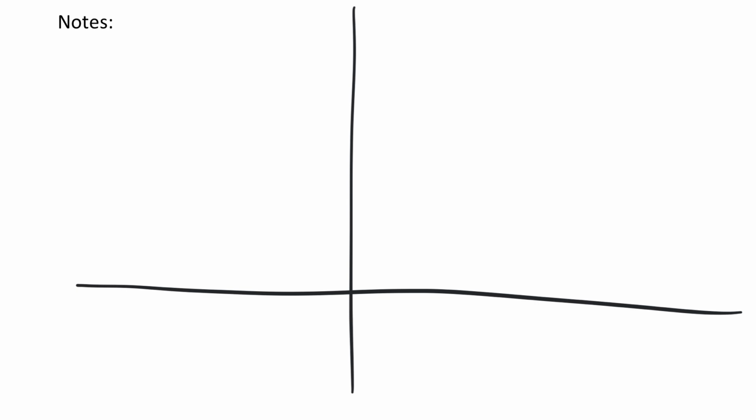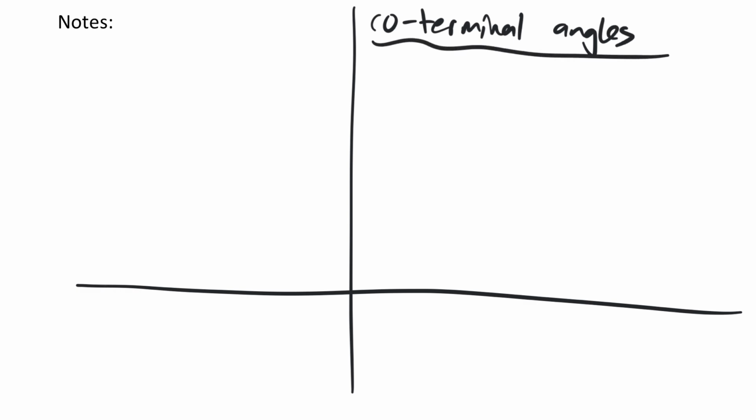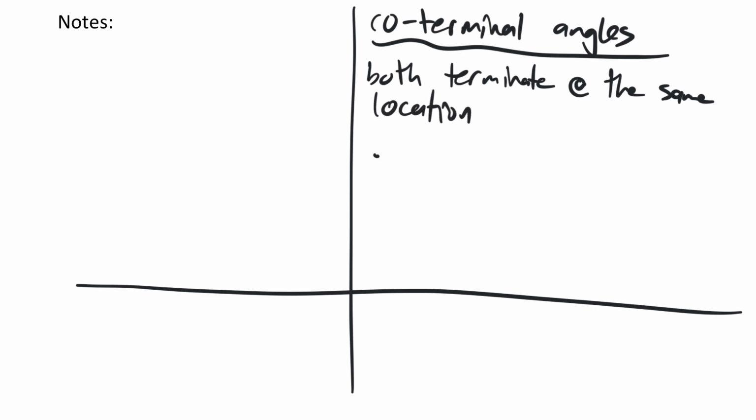So let's go ahead and take some notes on this. We learned the skill of coterminal angles. And the idea with a coterminal angle is they both terminate at the same location. So our nice example would be 30 degrees and let's say 390 degrees.